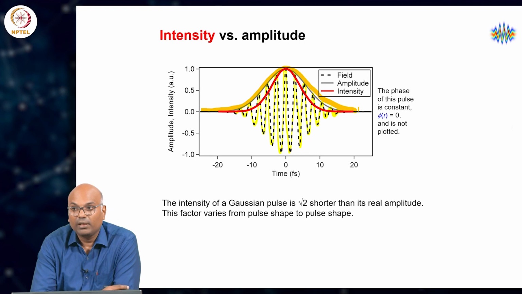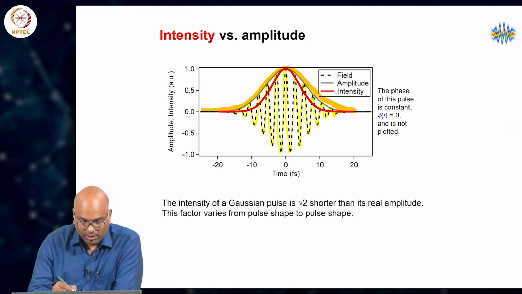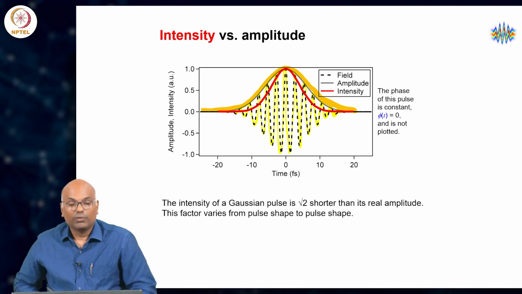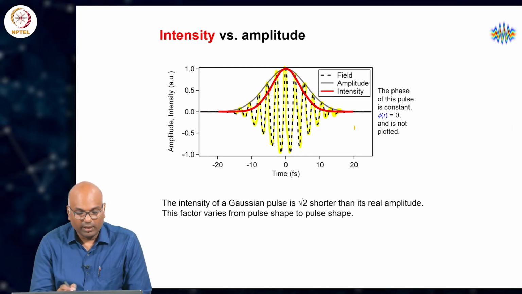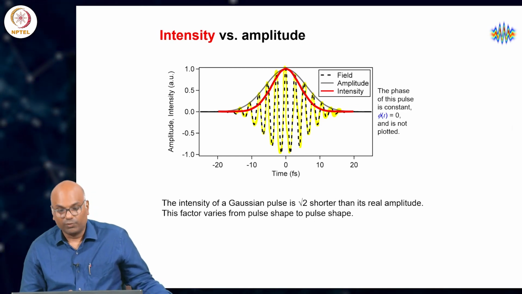The electric field real amplitude function is this gray line on which I have highlighted an orange. I don't know if that really helps, but let's keep it. The red envelope pertains to the intensity. It's shorter by a factor of square root of 2.